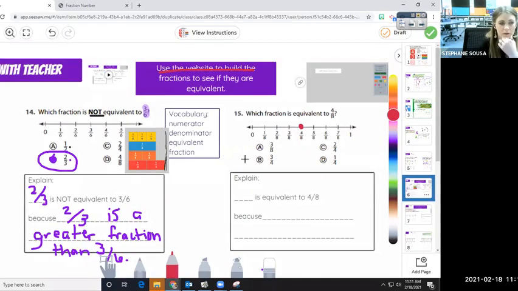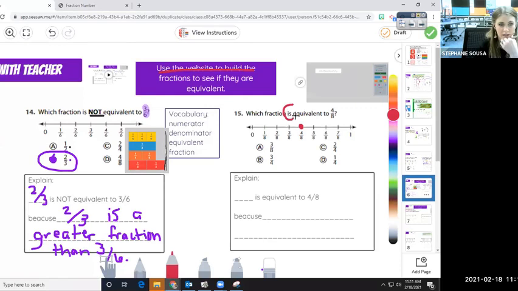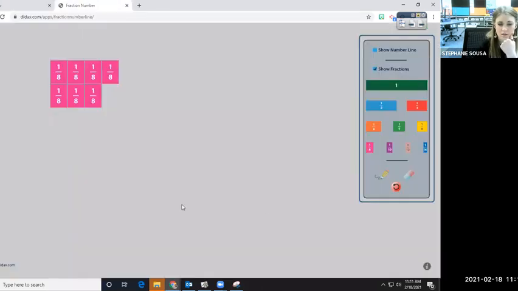Okay. We are asked about 3/8. Let's put 3/8 underneath. 1/8, 2/8, 3/8. Well, that's not the same size. Our question is which fraction is equivalent? So we got to keep going.